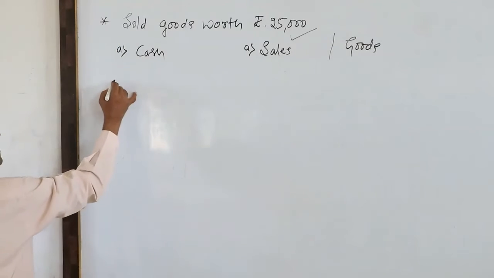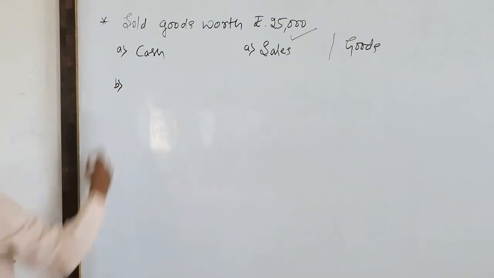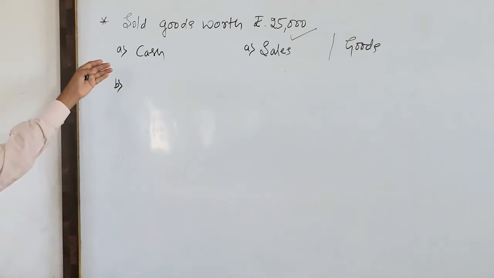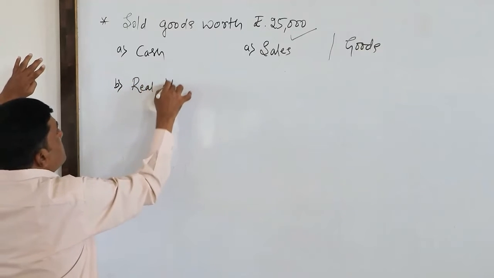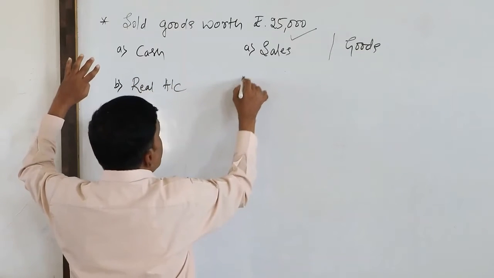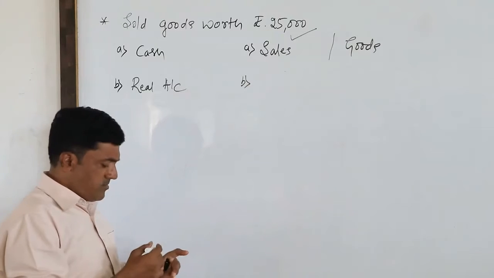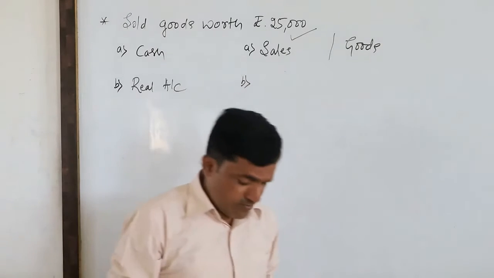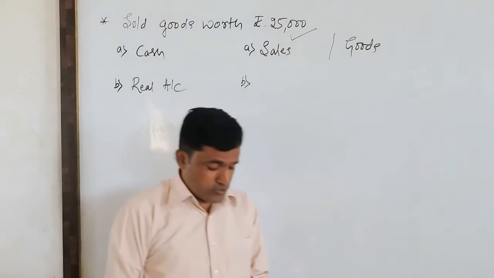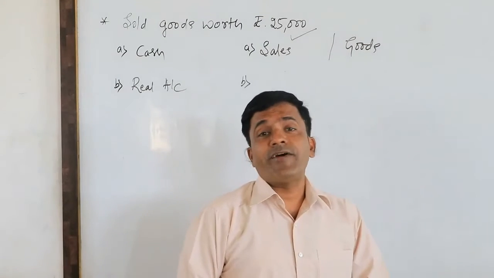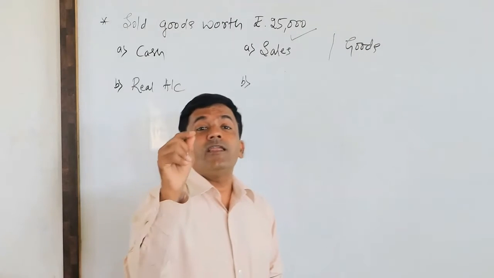Look here. The cash, it is a thing. So it comes under real account. Look here. Sales means, for what reason are we selling our goods? Our intention is to earn income.